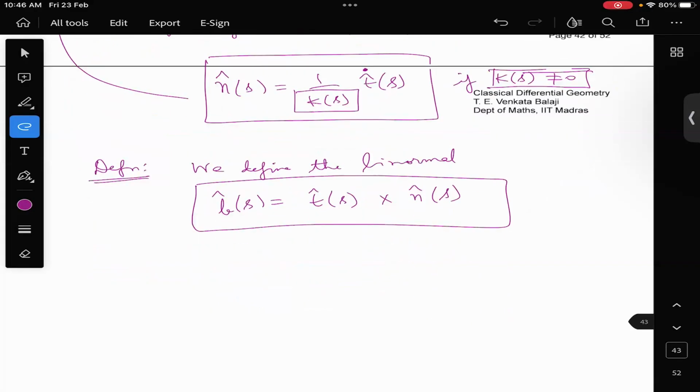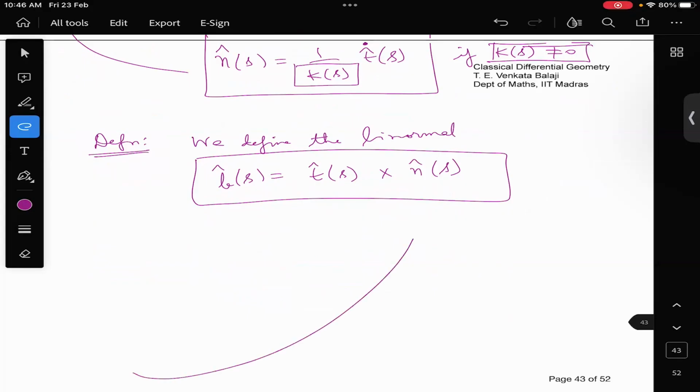So what is happening is that you have this kind of picture. This is your gamma of s, okay. At every point you have one vector which is gamma dot of s, which is t cap of s, the unit tangent.